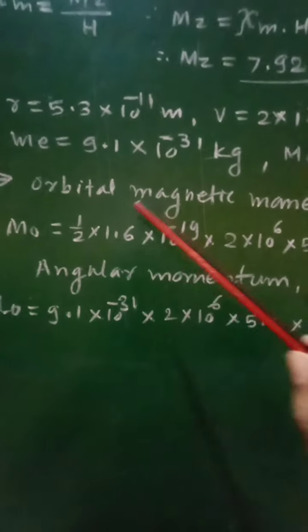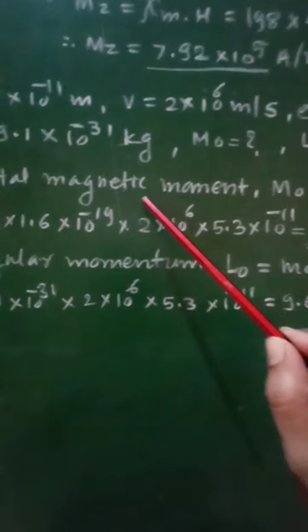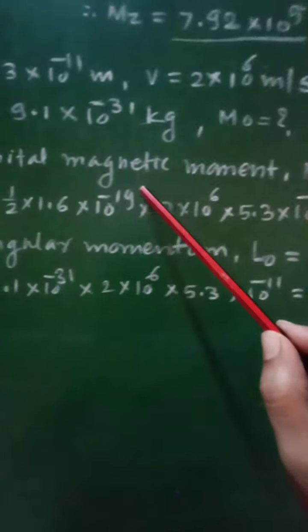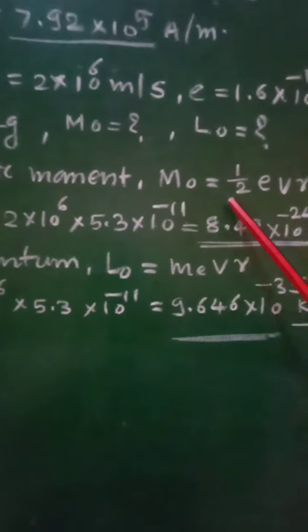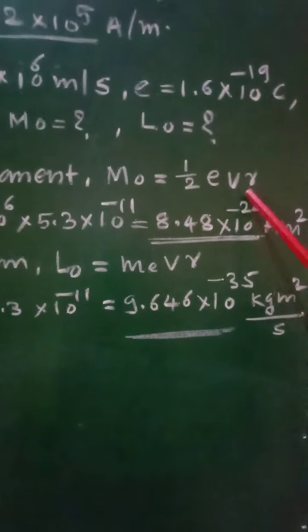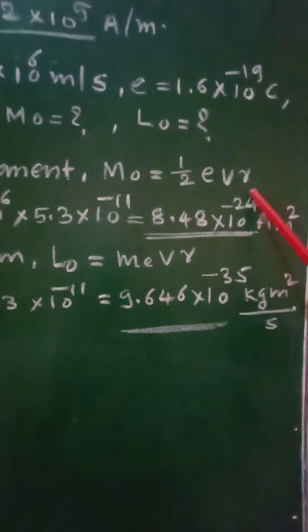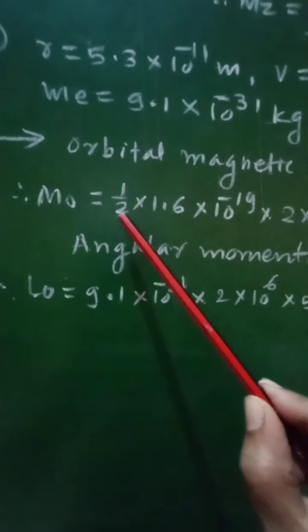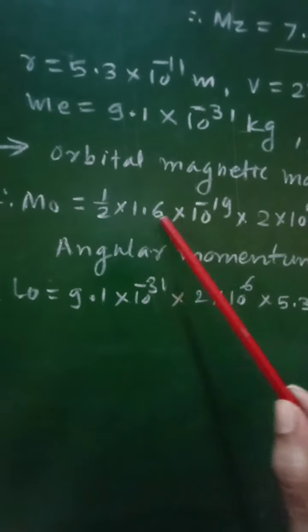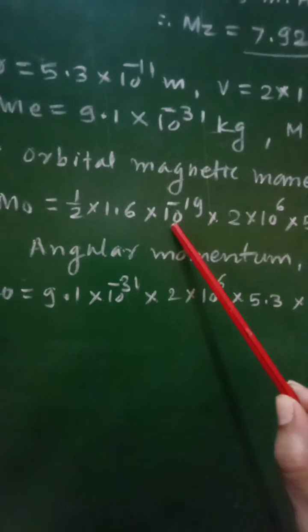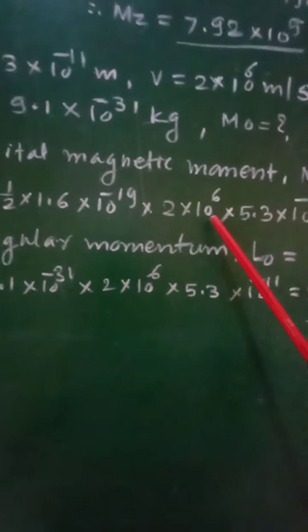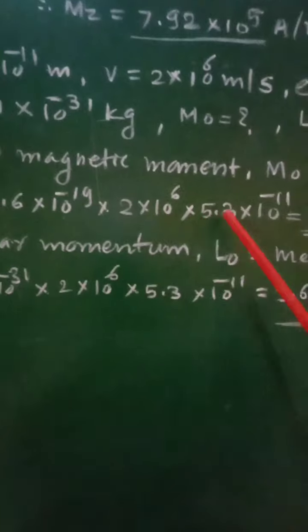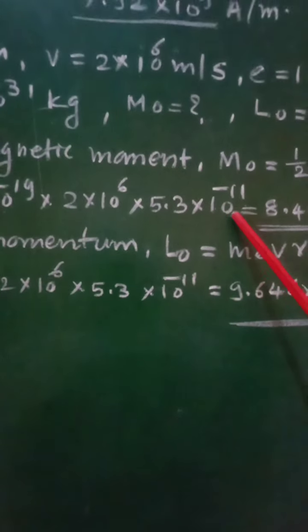Now we know that orbital magnetic moment of the electron M0 equal to half evr. Therefore putting the values we will get M0 equal to half into 1.6 into 10 raised to minus 19 into 2 into 10 raised to 6 into 5.3 into 10 raised to minus 11.